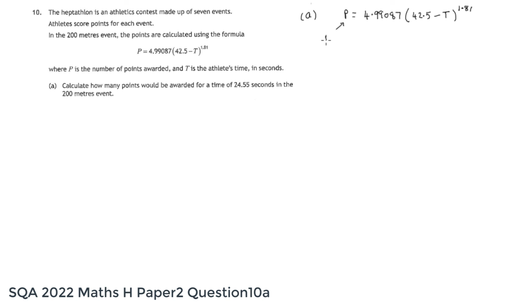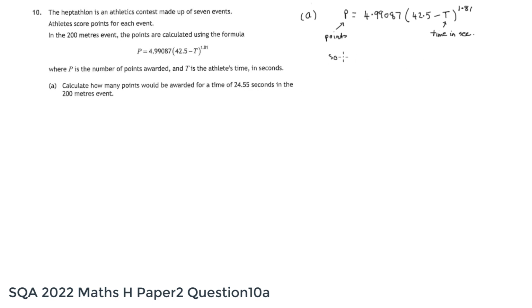So this is the number of points awarded, and this is the time in seconds. You always got to watch out in these things about the units that are used, just to see that we don't have to do any conversions. So that's the time in seconds. So we're asked to calculate the number of points when the time was 24.55.